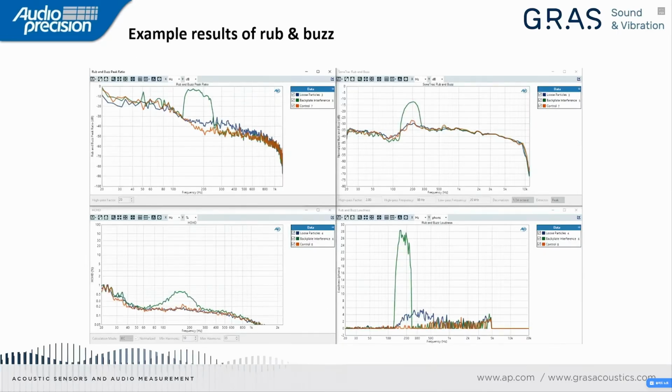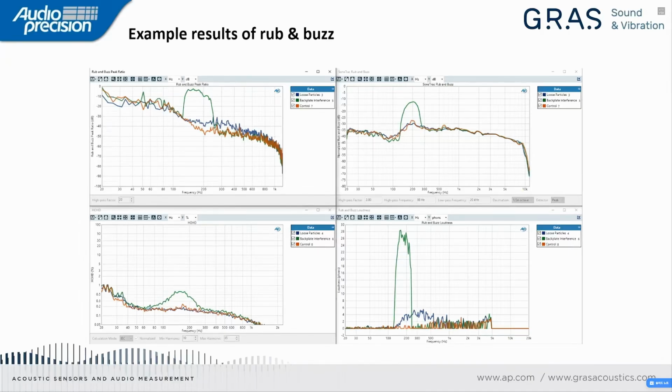So here we have some examples of rub and buzz. Top left is peak ratio, and the blue trace is loose particles between the coil and the gap.